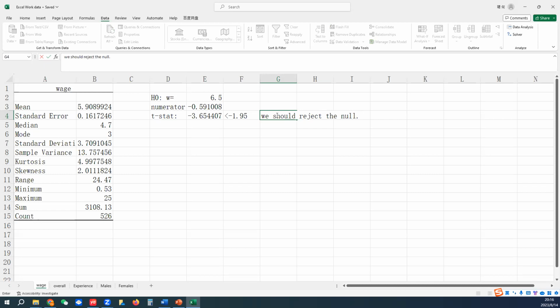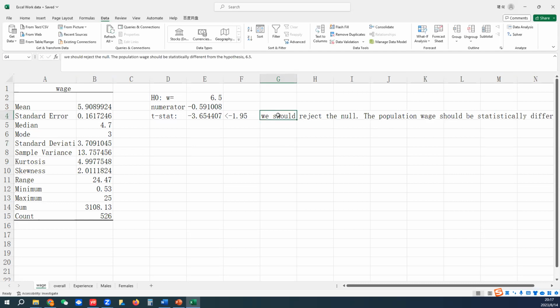Which means the population wage should be statistically different from the guess, from the hypothesis, which is 6.5.